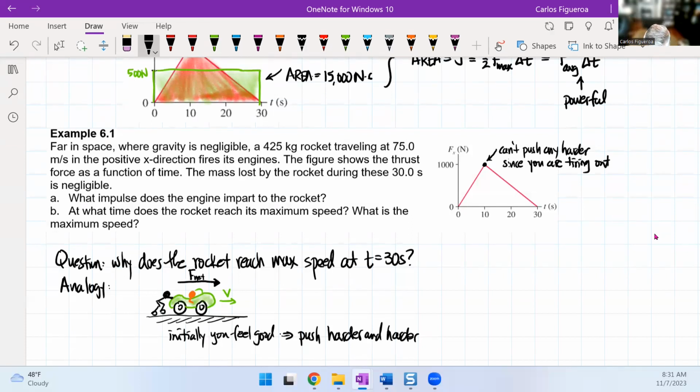And then a little bit later, you can barely push the car, but you're still pushing it. The car continues to go faster, but now the force that you're applying is not as great. You now have a smaller net force. As a consequence, your force is not getting bigger. You've already peaked out. It's now getting smaller.